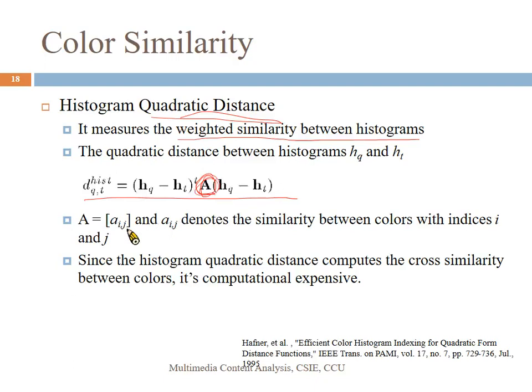In matrix A, the entry Aij denotes the similarity between colors with index i and j. That means when we calculate the histogram difference, we also consider the similarity between different colors. Since the histogram quadratic distance computes the cross similarity between colors, it's more computationally expensive. However, it is a more accurate way to measure the similarity between two color histograms.